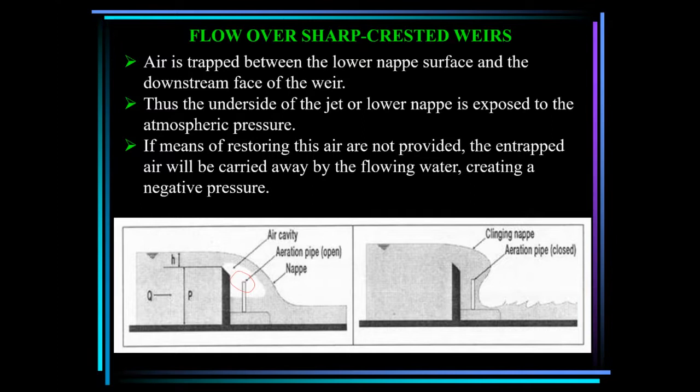So we try to avoid having a submerged weir, or a weir in which we don't have free flow, that is, in which we have this air cavity. Today we are going to start our experiments and we will demonstrate all these flows in the laboratory. Okay.